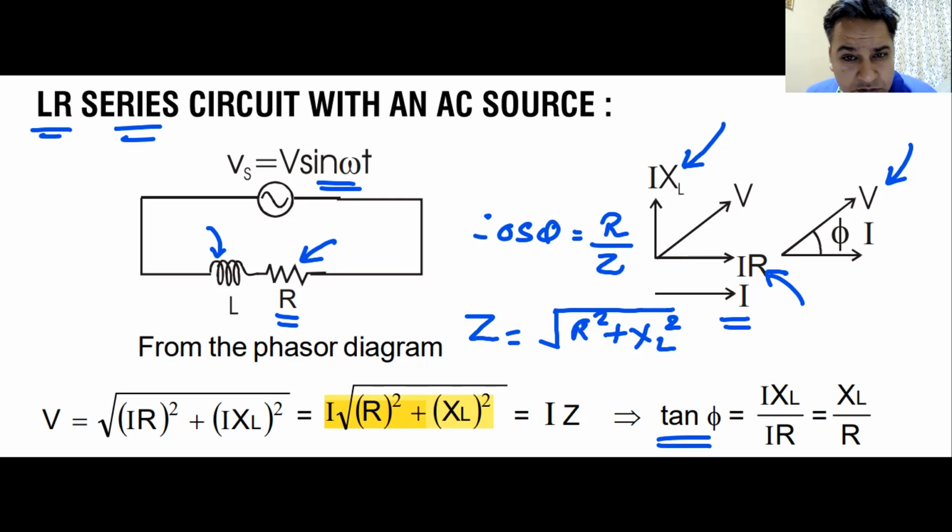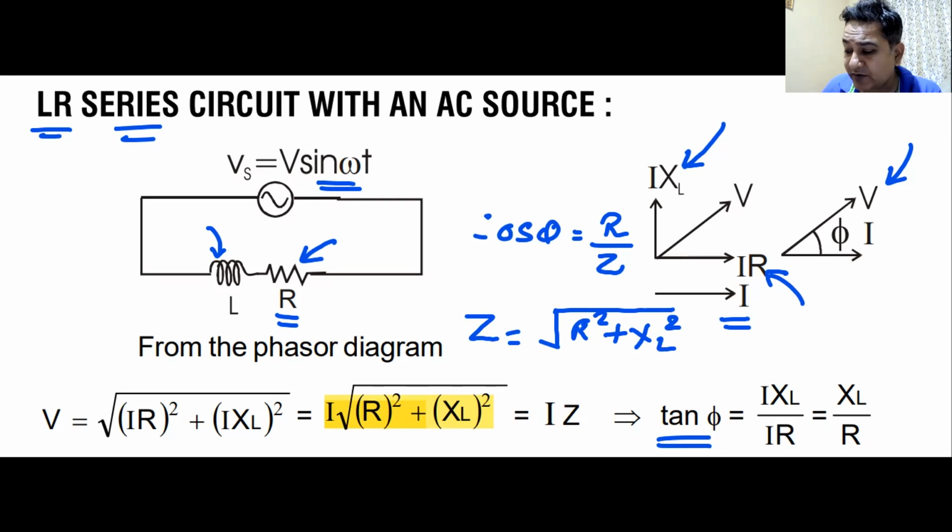There is no XC, so there is no point of XC. R square plus XL square becomes your Z. Tan of phi becomes XL by R. Cos of phi becomes R by Z.